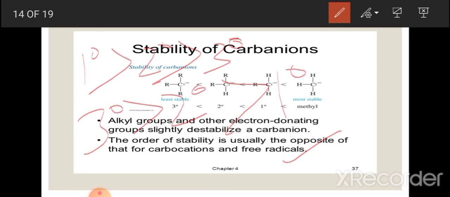And the presence of electron attracting groups, that is negative inductive effect, such as NO2, cyano group, aldehydic or carboxylic acid group, when these attach to the carbanion, they will increase the stability of the carbanion.